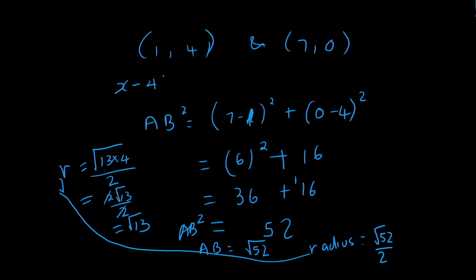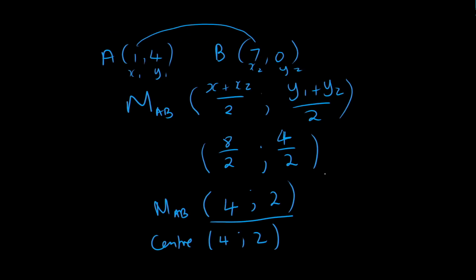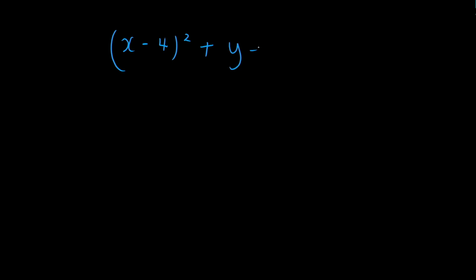minus 4 squared. In fact, let's erase all of this in here so that we can see what's going on. So our equation is going to be x minus 4 squared plus y minus 2 squared is equal to, not 13, the square root of 13 was equal to the radius.